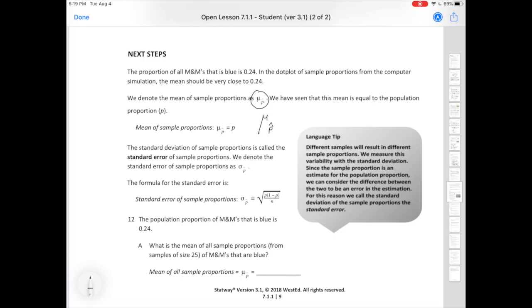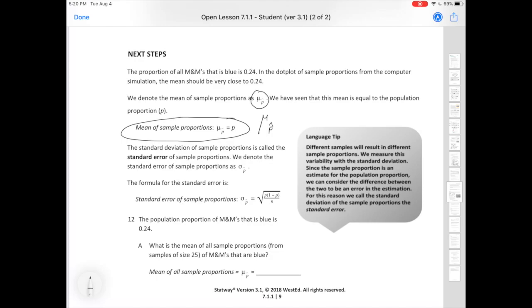This is just the mean of the sample distributions, or the sample proportions. So we have seen that this mean is equal to the population proportion, and so we get the following equation. Mu sub p hat is equal to p. Again, that's just saying that the mean of the bell curve, if we do this experiment over and over, will be the real answer.